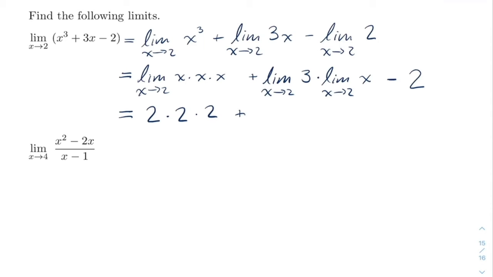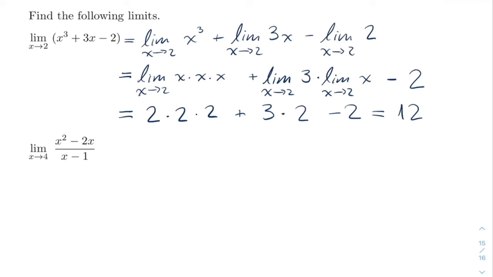Finally, the second limit we have to compute is the limit of a constant, which will be equal to 3, times the limit of x, which will be equal to 2. That minus 2 that we already computed before. If we do the math here, we will get that this is in fact 12.